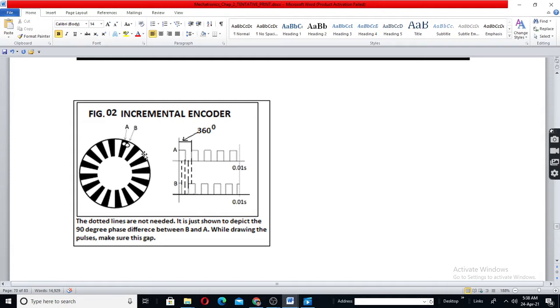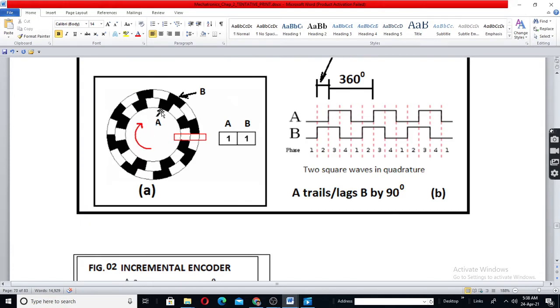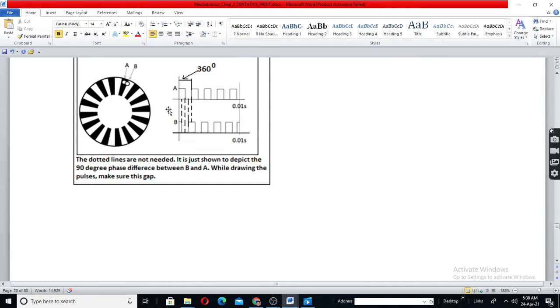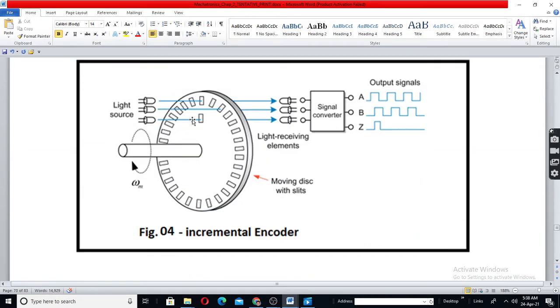This is identical with this. Here you see 1 0. Here you have 1 0, 1 0, 1 0. So it is identical. Okay. So it is relative. If you have Z, then only you can identify the other patterns. If you don't have Z, you cannot identify which is first, which is next.